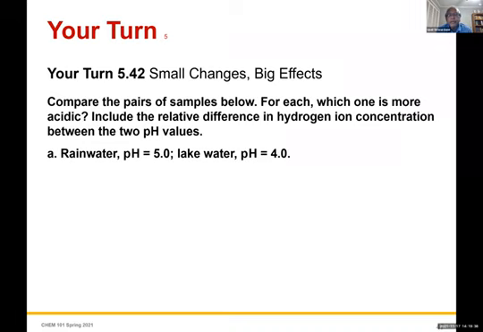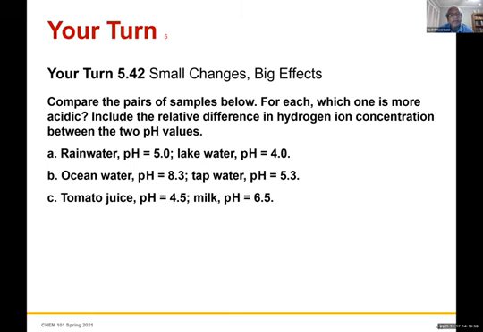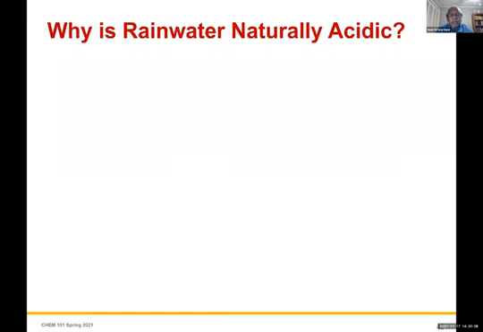Lake water accumulates acidic water and becomes more acidic. pH 4 is more acidic than pH 5. Ocean water pH is 8.3. Tap water is 5.3. Tap water is acidic. Tomato juice is 4.5. Milk is 6.5. So tomato juice is more acidic than milk.